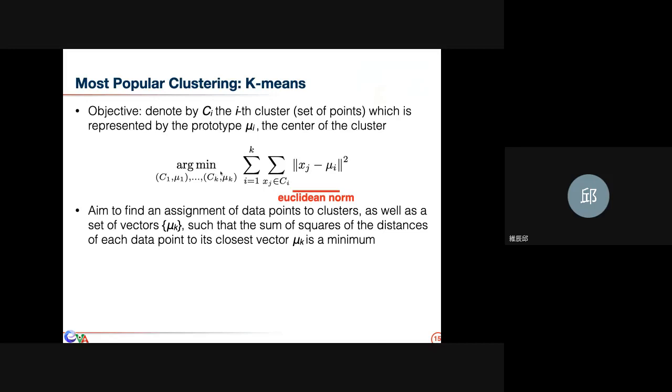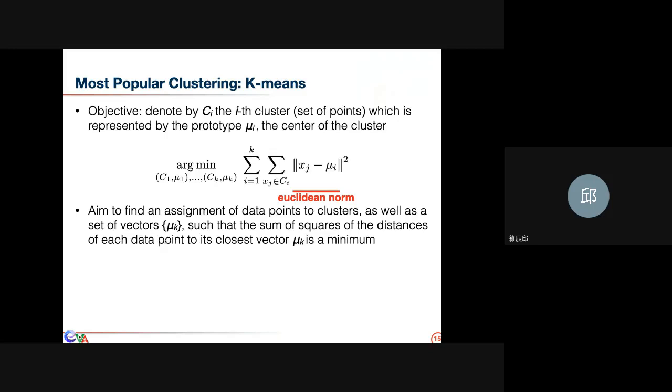Basically in this problem, what you are trying to do is finding an assignment of the data points to the clusters. I need to have an assignment: how to assign these data points xj to a specific cluster Ci. So I need to find an assignment from the data points to the clusters, as well as a set of vectors mu k, that is the center of each cluster.